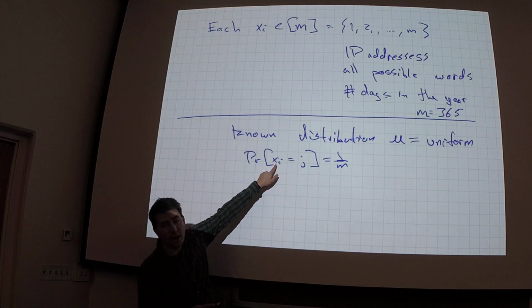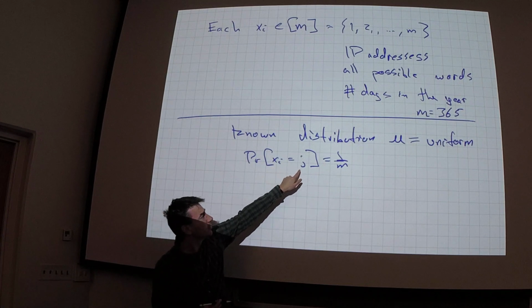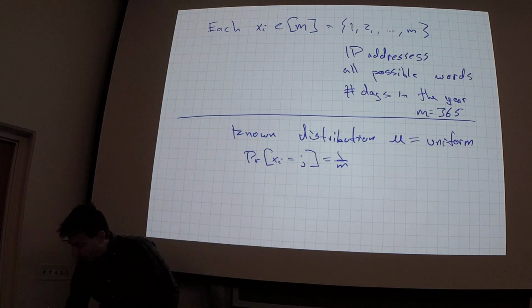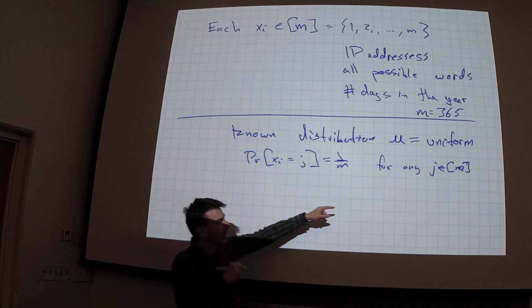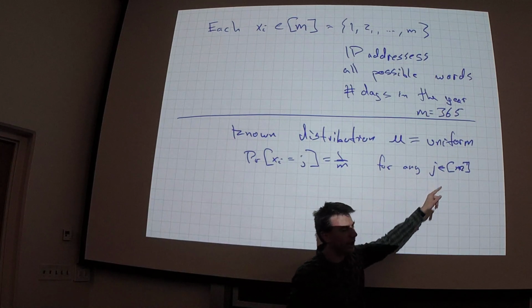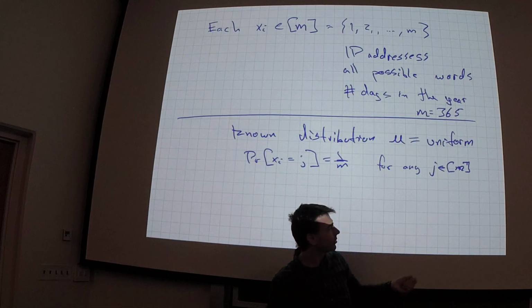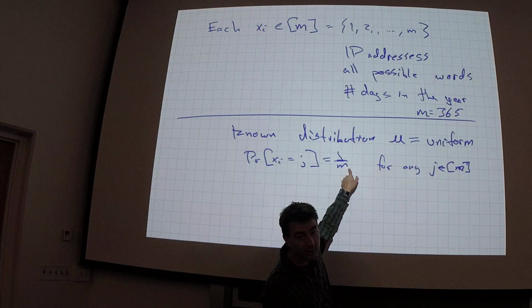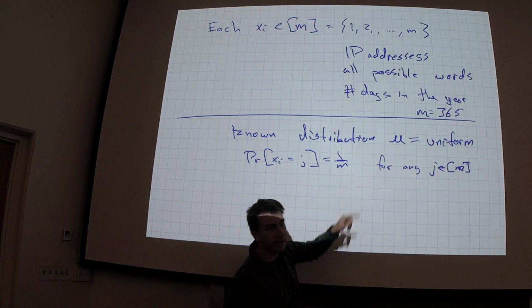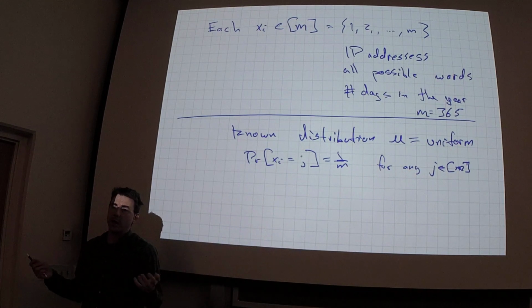So for the ith observation I make, the probability equals j for any j in this set m. Okay, so for any element in the set m, so let's say today is January 8th, right? So if this is January 8th, then it's 1 over 365. This is the day I chose.